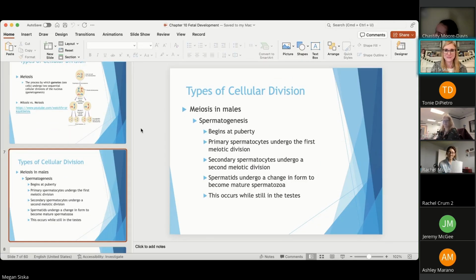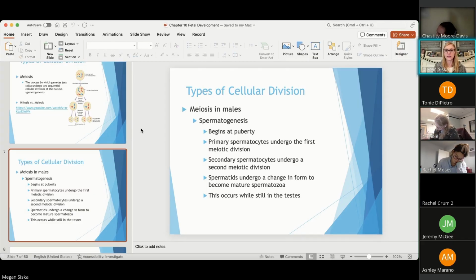Okay, so just quickly, meiosis in males is also called spermatogenesis, which is a fancy word for creating new sperm. That process begins when the male starts to go through puberty, and it's a multiple step process.